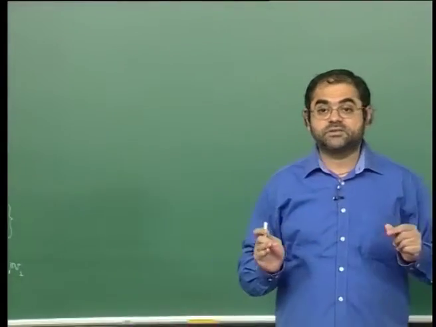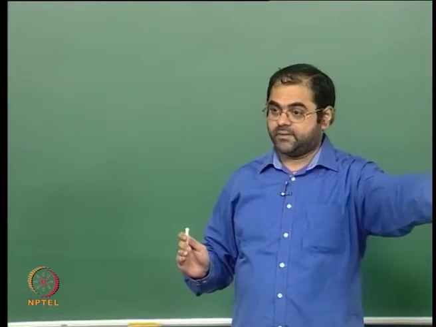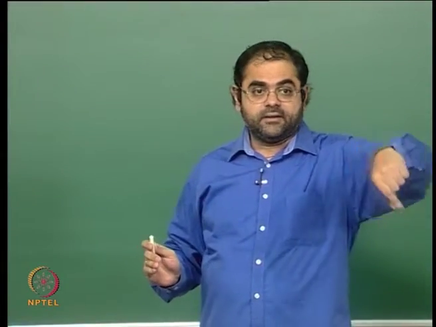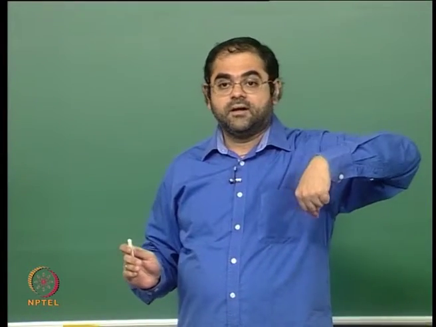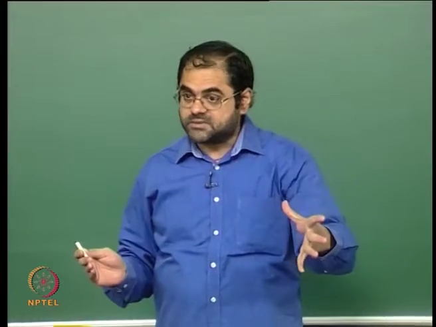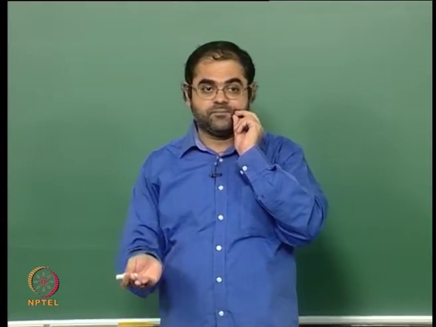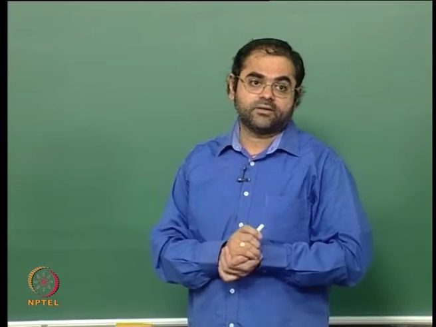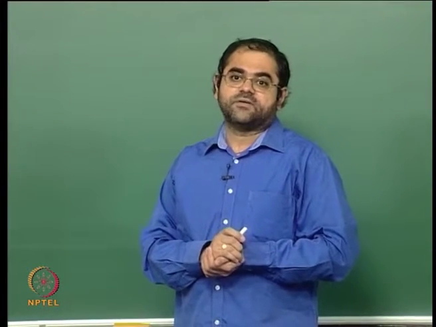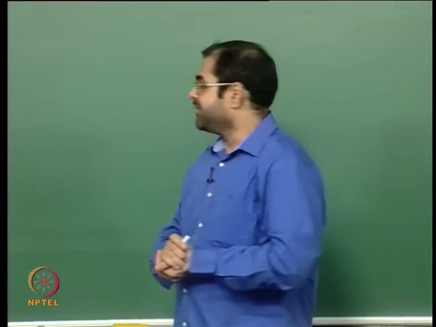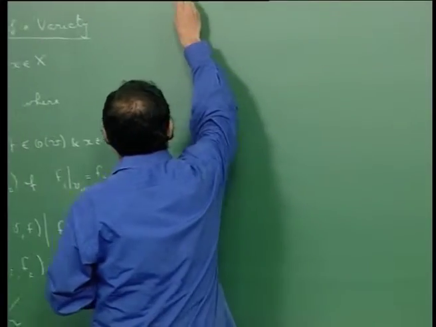It is not a regular function on the whole variety, it may be a regular function only on a proper open subset, which means there could be points where it is not regular, where you might extend the function but it may not be regular. So let me write that down.